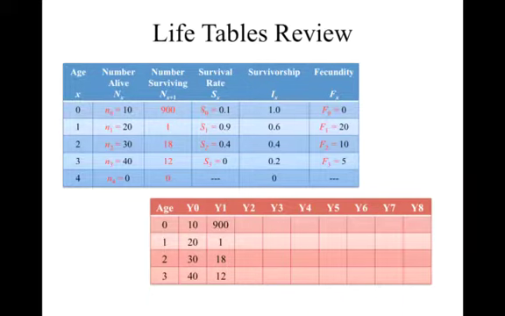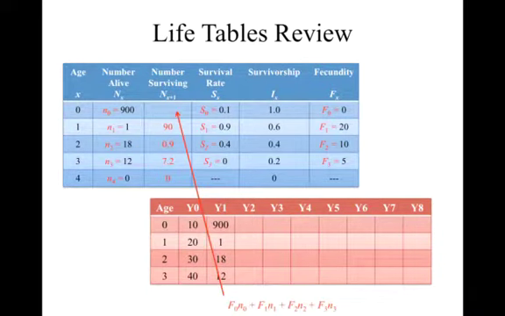Of course, I can then take that, slide it over, and predict the number that's going to happen 2 years later in the same way. So again, I predict my number of age 1 based on my number of age 0. I predict my number of age 2 based on my current number of age 1, and so on and so on.